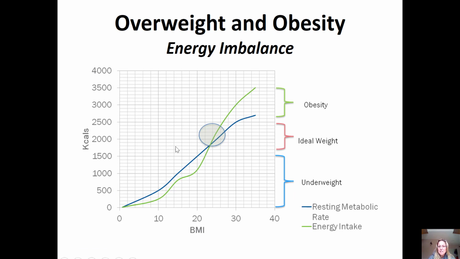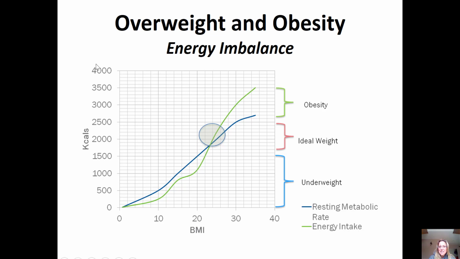Here you can also see the relationship with resting metabolism. The blue line shows us the resting metabolism, and the green line shows us their energy intake. Obviously, people who are obese have a high calorie intake, right? Somebody who is not eating a lot of calories in a day is generally not going to be overweight or obese.